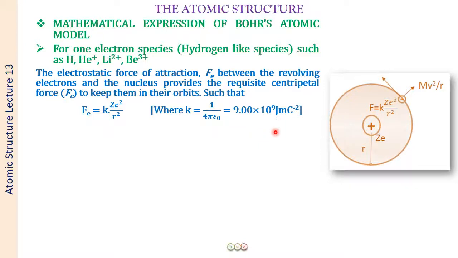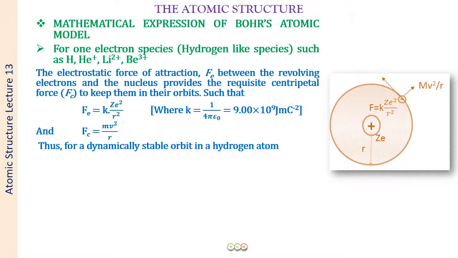Okay, now we have the electrostatic force, and what is the centrifugal force? The centrifugal force is mv squared by r, again coming from physics. For a dynamically stable orbit in a hydrogen atom, we have the electrostatic force balancing the centrifugal force. So both are equal. Hence we can write that mv square by r is equal to kze square by r square.